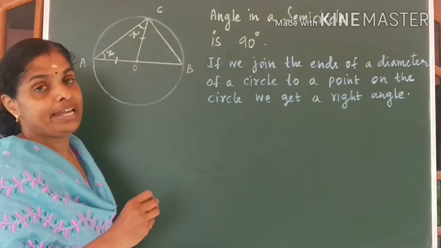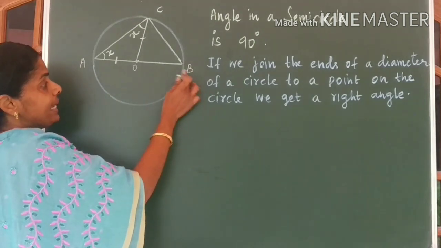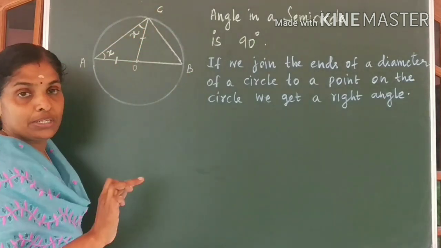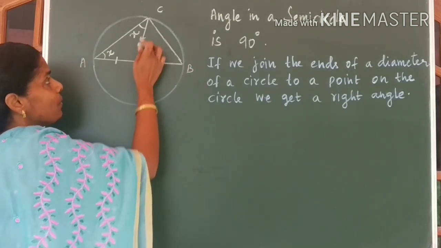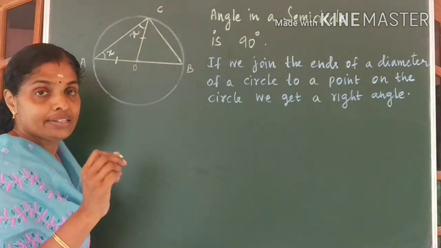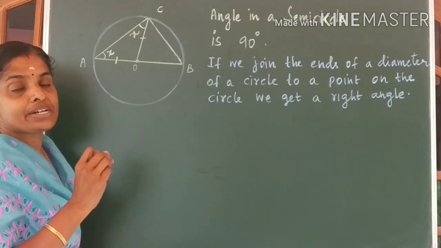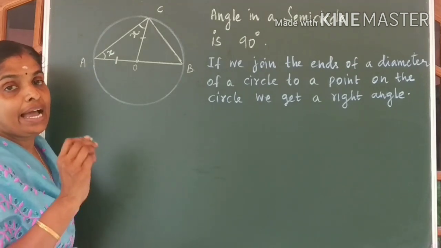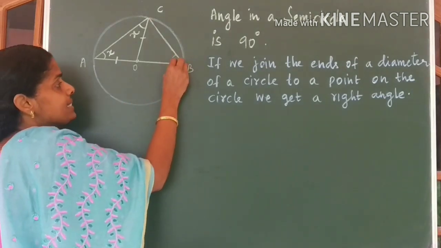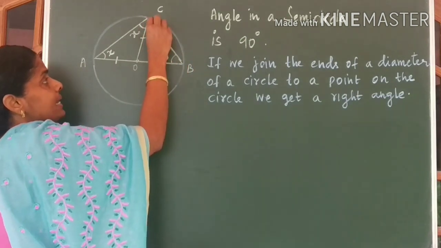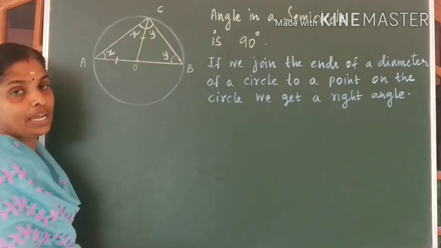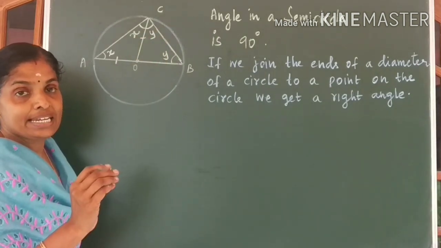The same idea you can use in triangle BOC also. Here again, OB and OC are the radii, they are equal, hence triangle BOC is isosceles. So if you consider this angle to be equal to y, you can say this angle is also equal to y. Do you understand, children?